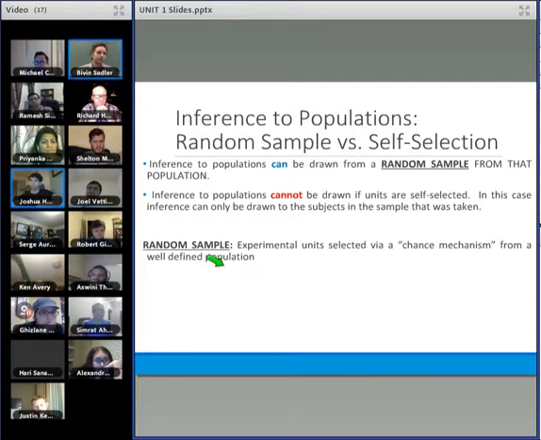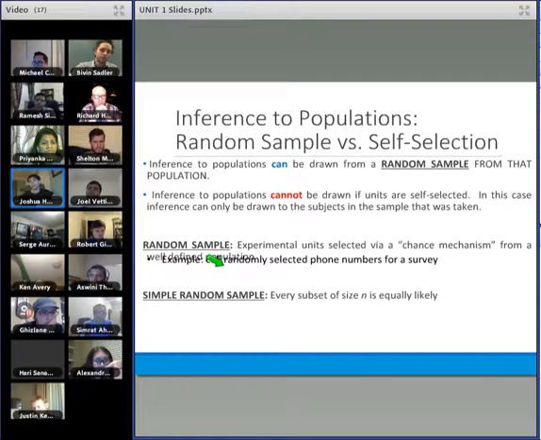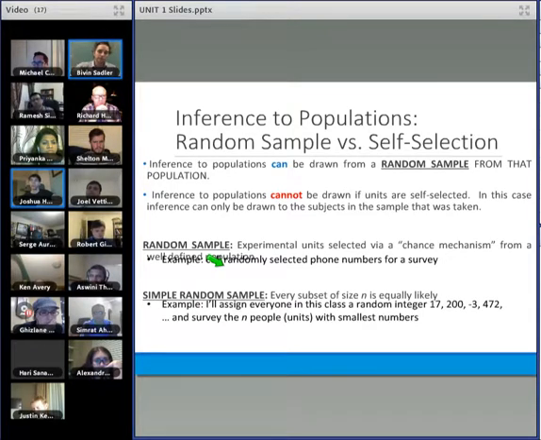Inference to population. So we've covered this. In order to get a random sample, you also have to define your population. What is it a random sample from?